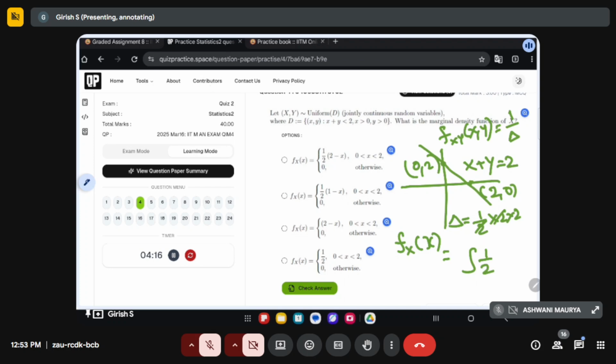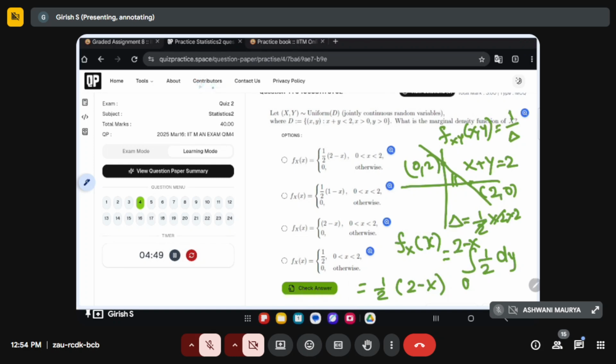And now I want to calculate marginal of x. So what should be varying? Y should be varying. Can anyone tell me the limit of y here? From where to where? 0 to 2 minus x. Everyone agree with this? 0 to 2 minus x. So this will be 1 by 2 into 2 minus x.